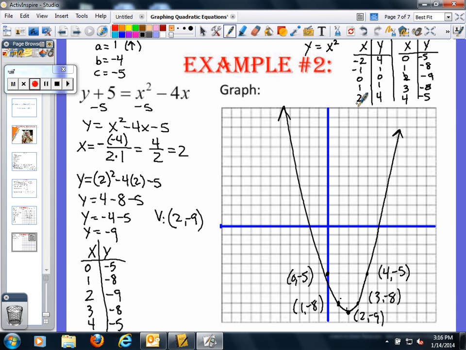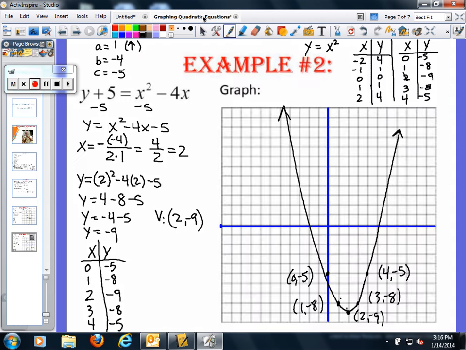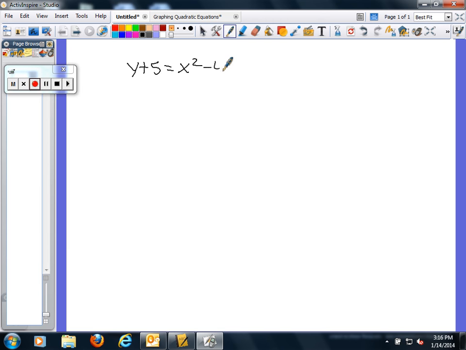So let's go ahead and check one of these. Let's plug it into my formula. So you have y plus 5 equals x squared minus 4x.